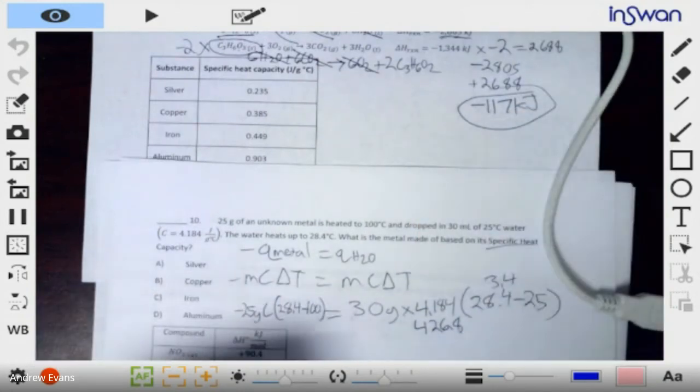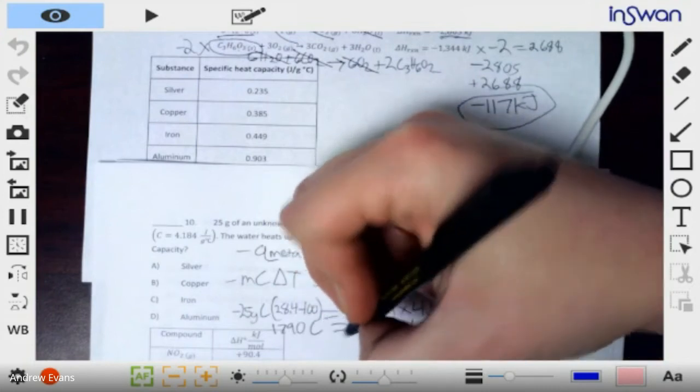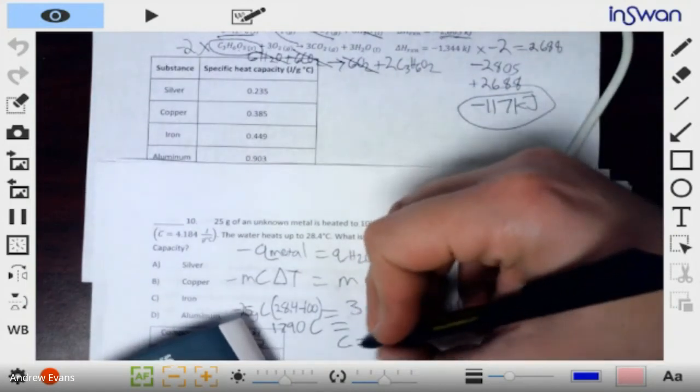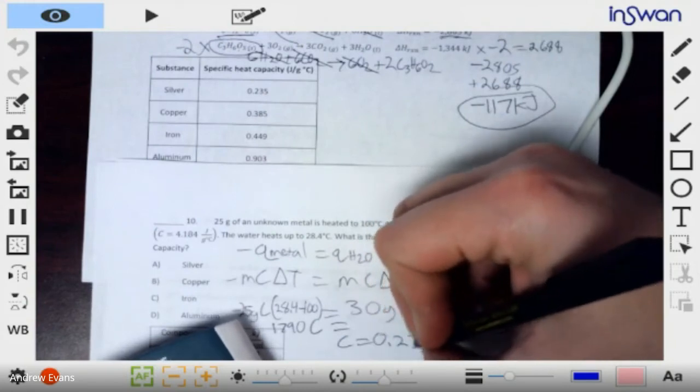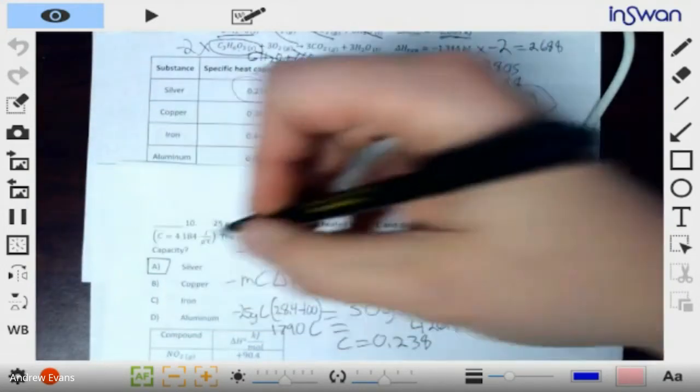And on the left, minus 100, that's 71.6 times 25. You got 1790 C. So solving for C, 426.8 divided by 1790, you get 0.238, which is closest to silver, which means our metal has to be silver.